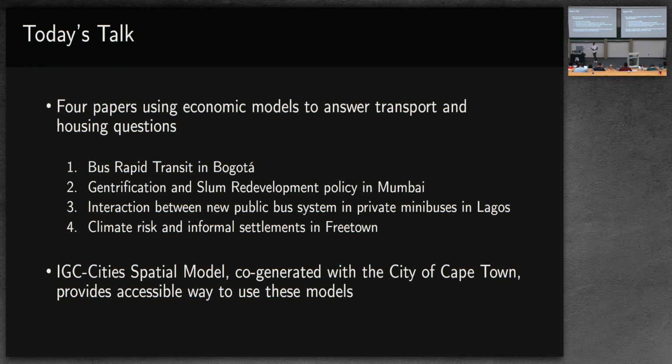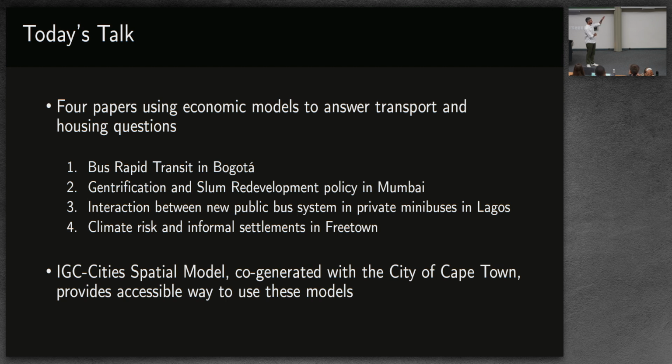And then I'm going to talk about a recent paper looking in Lagos at the interaction between public and private transit infrastructure. And then briefly talk about new ongoing work looking at climate risk and informal settlements in Freetown in Sierra Leone.